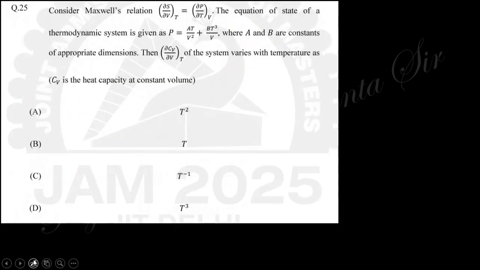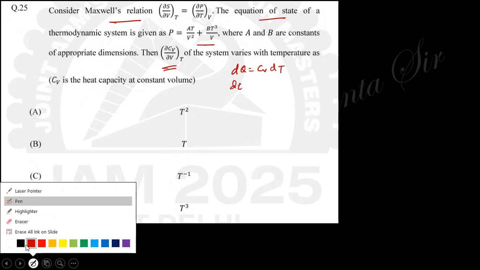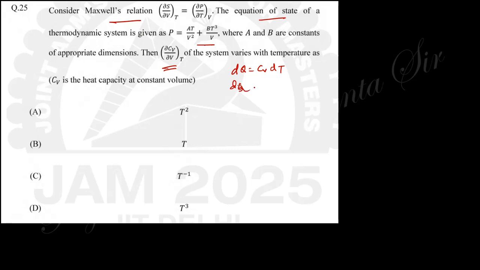Next question. The next question says to consider the Maxwell relation. This is the Maxwell relation. The equation of state of thermodynamics is given here, and you need to find Cv. We know that dQ equals Cv dT, and in terms of entropy dQ equals T dS.